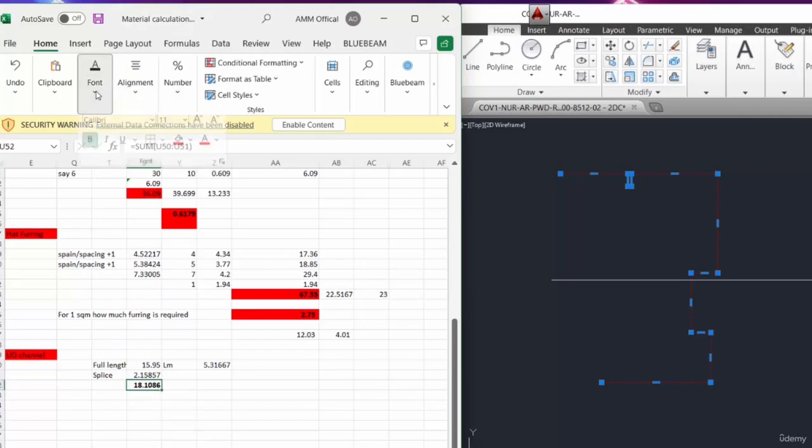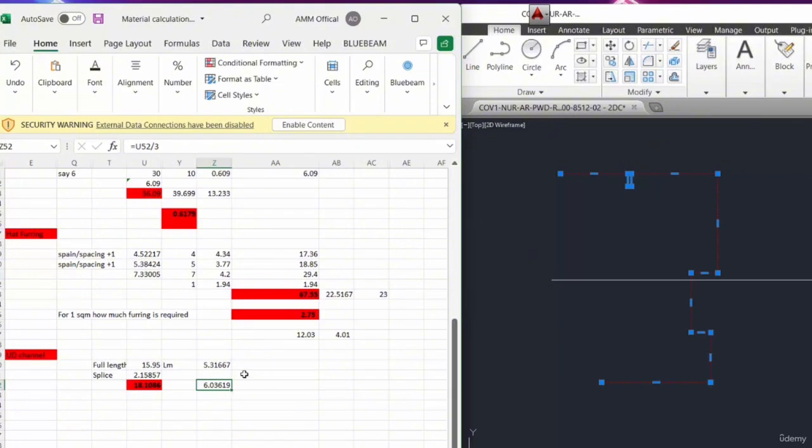Okay, so this has been done. Now I want to convert this again to the number of bars. Here you can see that I need 66 bars in order to cover this area.